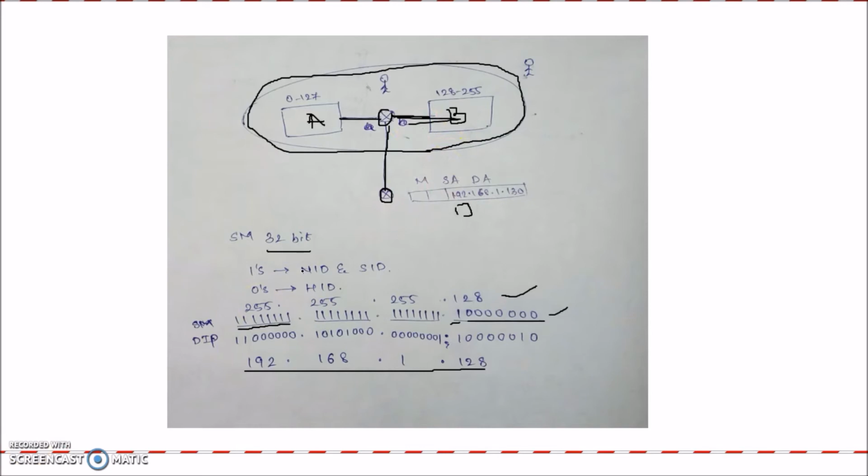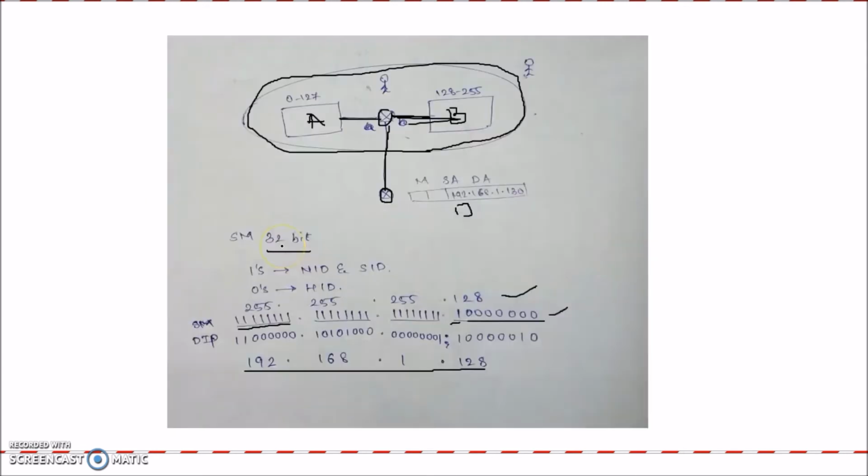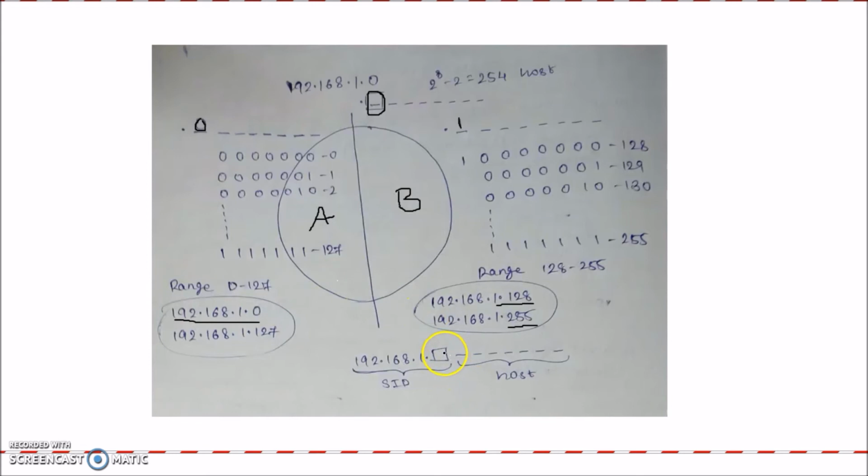The routing table for the given example is as follows. This is the network ID of subnet A, whereas this is the network ID of subnet B, and the subnet mask for both is the same, because we have only one bit as subnet ID and all the other bits as network ID.